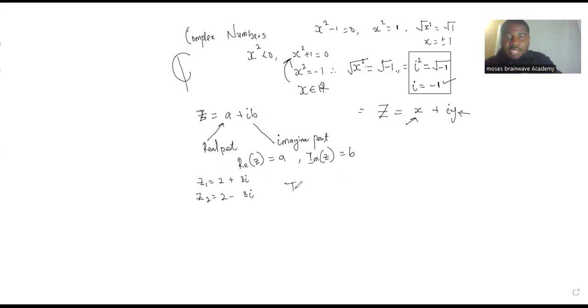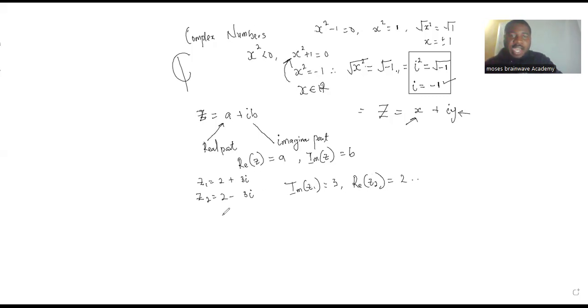The imaginary part of Z1 is equal to 3. The real part of Z2 is equal to 2, and so on.